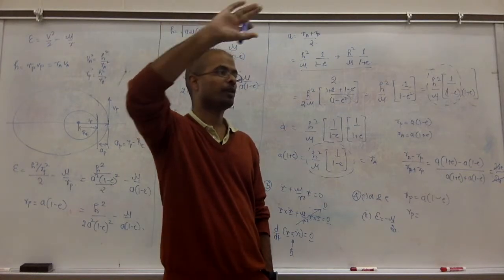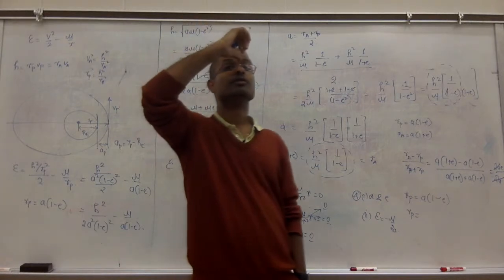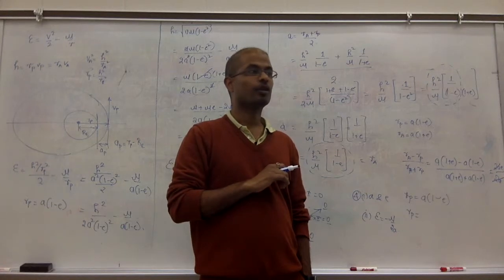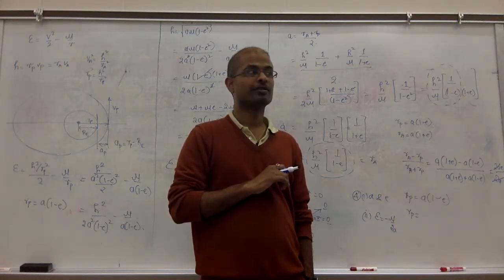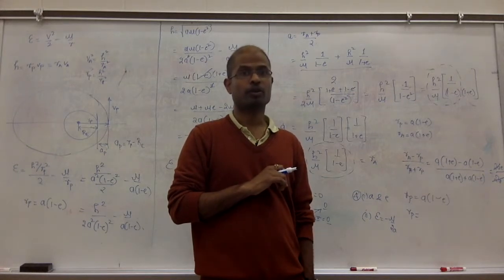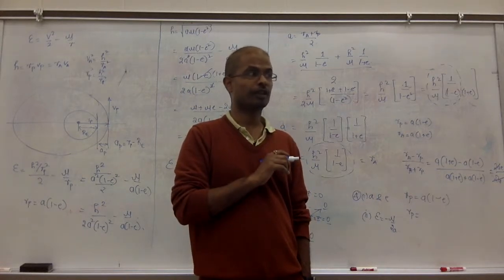What orbit will it be in if it escapes? It will be in a parabolic orbit. We say energy equal to 0 for a parabolic orbit, right?